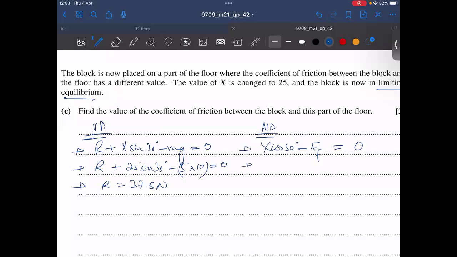It's 25 cos 30, which is 21.7, minus mu times R, which is 37.5, equals 0. So mu is going to be equal to 21.7 divided by 37.5, which is 0.58.